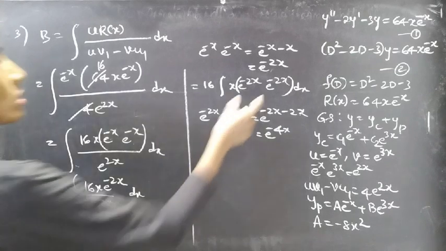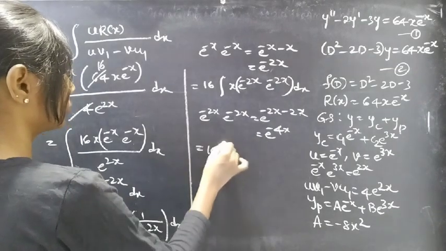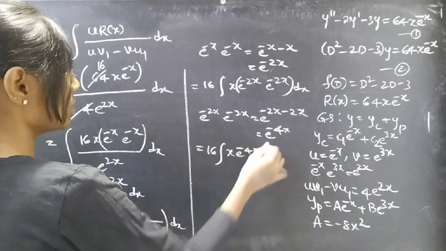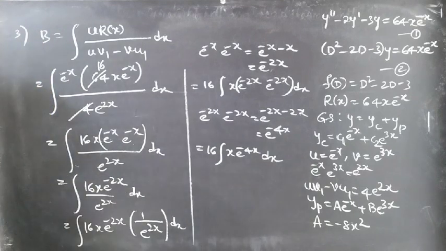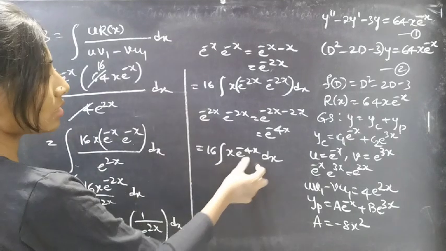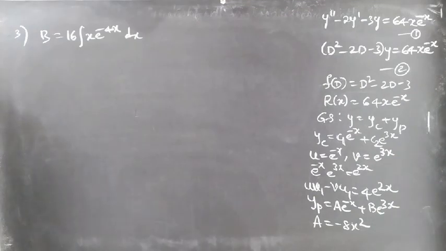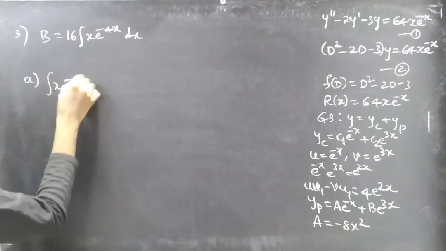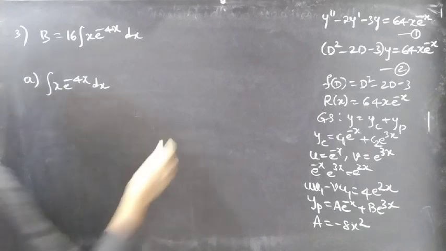So let's replace this by e power minus 4x, then we'll get the integral of x e power minus 4x dx, right? Let's now evaluate the integral of x e power minus 4x separately. So here we are going to apply the integration by parts formula.